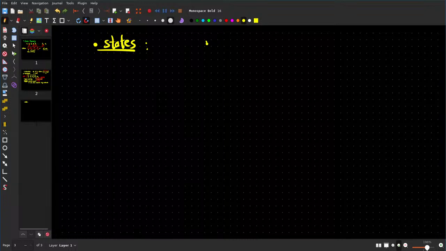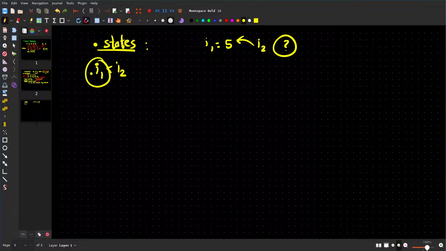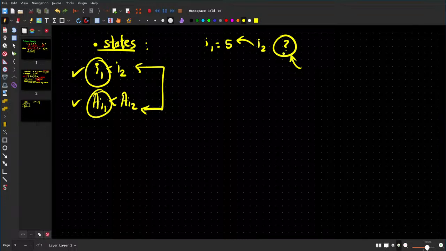So if you have chosen I1 as 5 and let's say now you need to choose I2, you don't know what you should choose here, but you know that previously you chose I1 as 5 and the only constraint that I2 needs to follow is that it should be greater than I1. This was the first one, and the second one was the value present at I1 was less than value present at I2, right? These are the only two things that I2 needs to consider while going over all the possibilities.